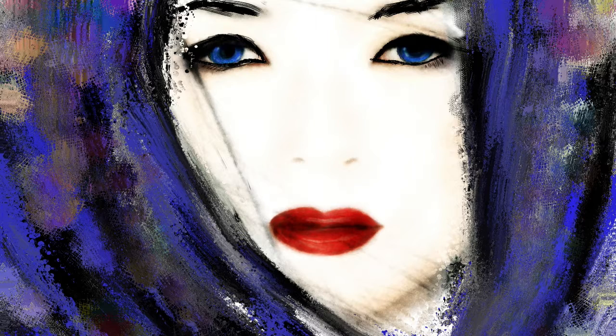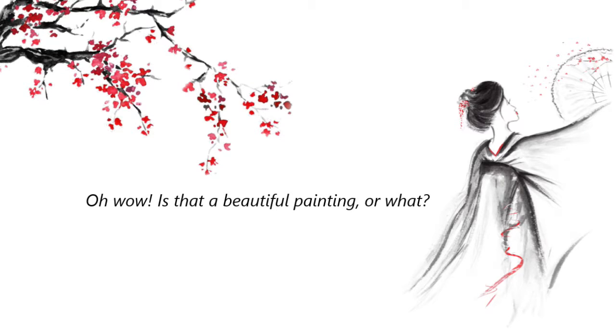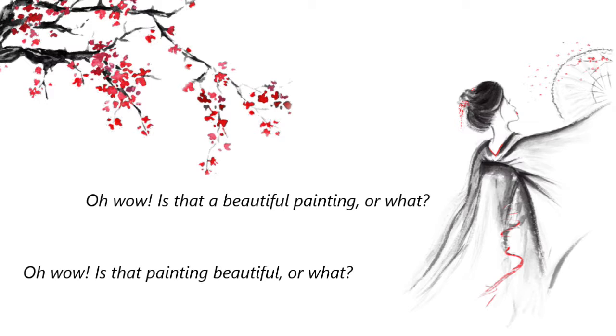You immediately turn to your little friend and you can say to them, "Oh, wow, is that a beautiful painting or what?" Or, "Oh, wow, is that painting beautiful or what?"